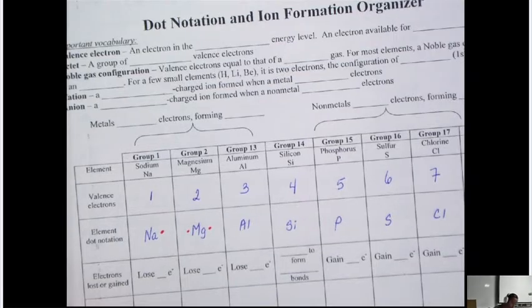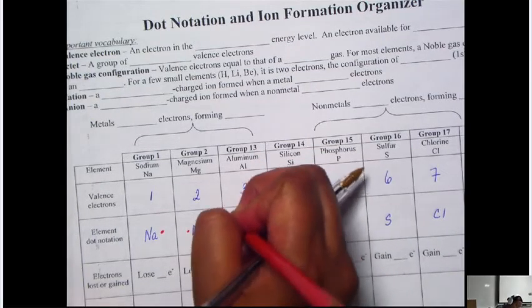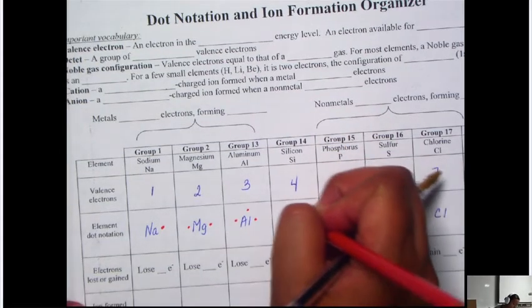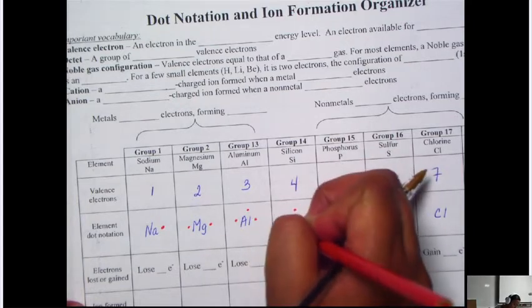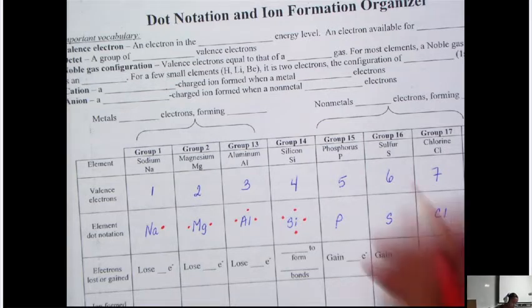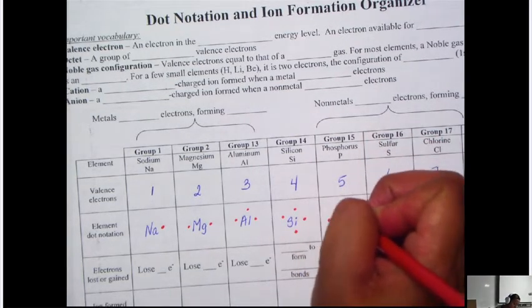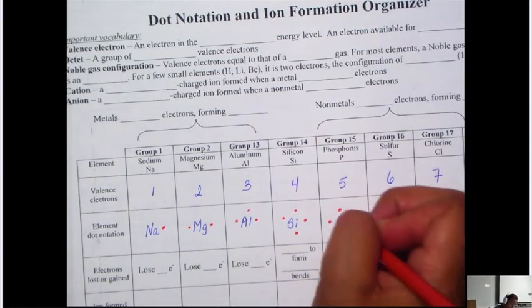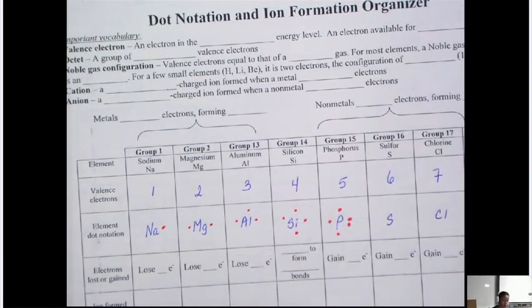All right, aluminum is going to have 3. Silicon, 4 valence electrons, is 4 dots. Phosphorus is going to have 5. Okay, so this one has 4 dots, and now I can pair it up. It does not matter what side you put it on.